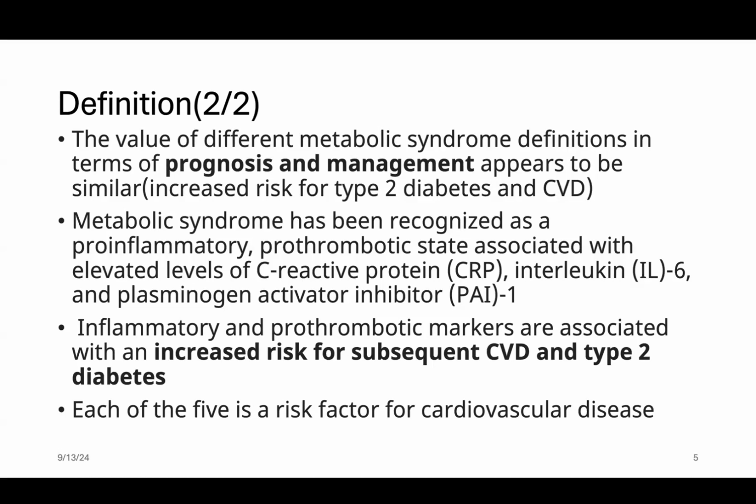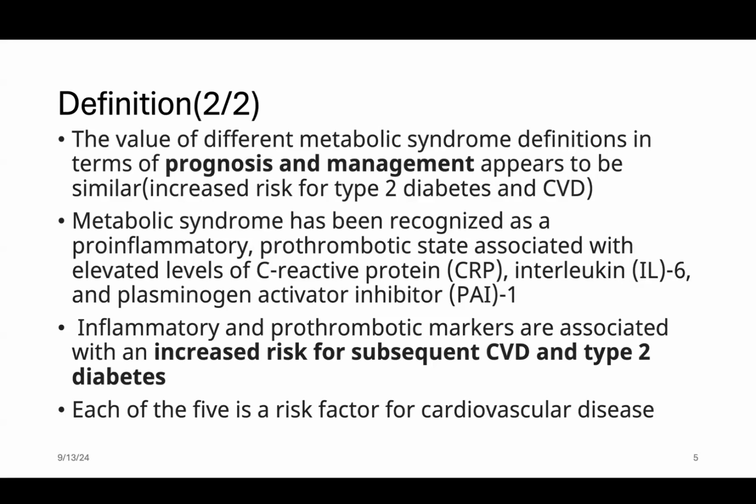And at the biochemical level, there are a lot of biochemical processes that go on. And these biochemical processes involve markers like C-reactive protein, interleukins, plasminogen activator inhibitor. And just to say that these inflammatory reactants predispose the individual to subsequent risk of cardiovascular disease and type 2 diabetes.